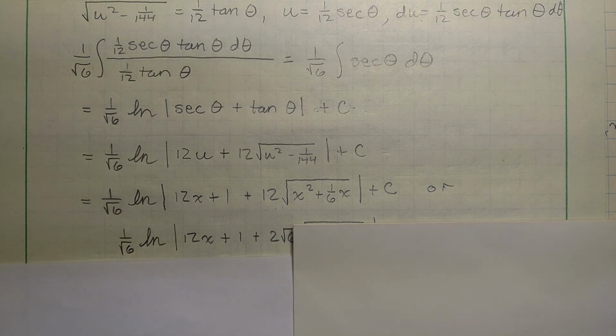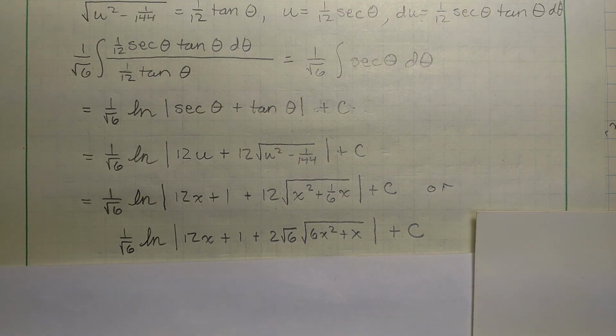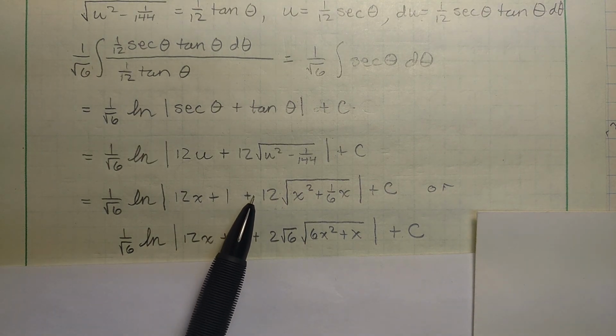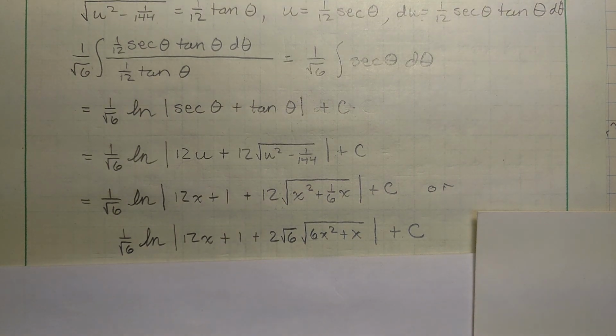So I can re-express this as 2 radical 6 and then get back to my 6x squared plus x under the radical. So this is actually the best form, but I would certainly give the previous form full credit on a test or something like that. But probably if it was a multiple choice question, that would actually be what the answer would look like.